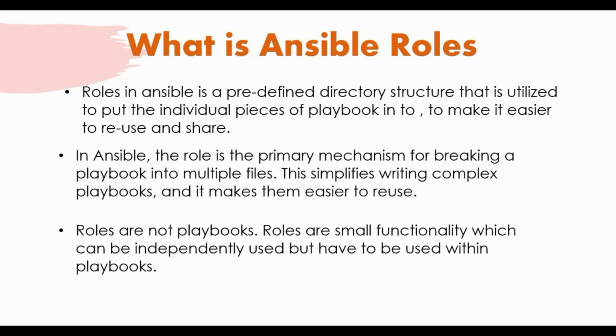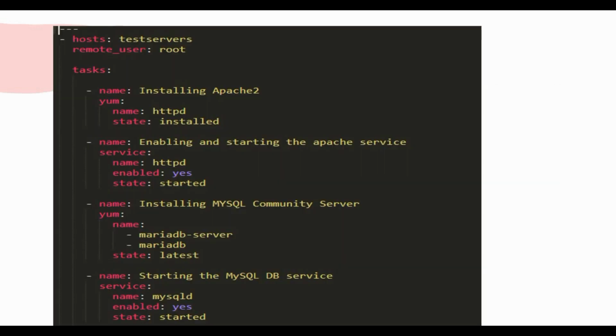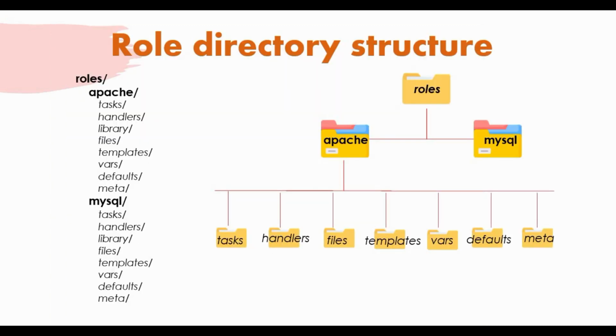Okay, so before I get into that, as I showed, this was the playbook. Let's see how we can split that into roles, right? The role directory structure is something important to understand. If we want to split that Ansible playbook, we need to create two roles, one for Apache and one for MySQL. I have a main folder for roles, and then there will be a folder for each individual role, Apache and MySQL.